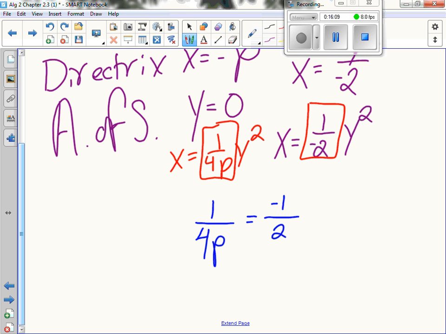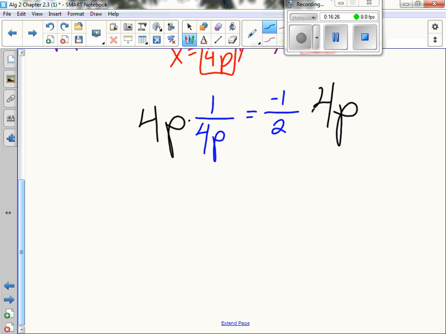Now, what is our next step? Because this is going to be the same on all of these. We're going to multiply both sides by 4p, because 4p and 4p will cancel.